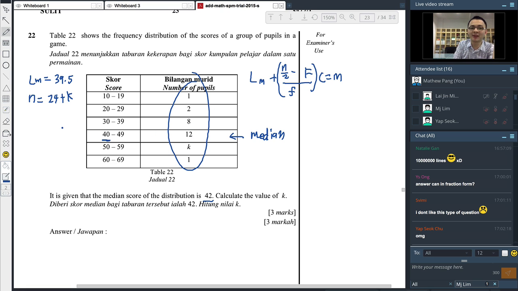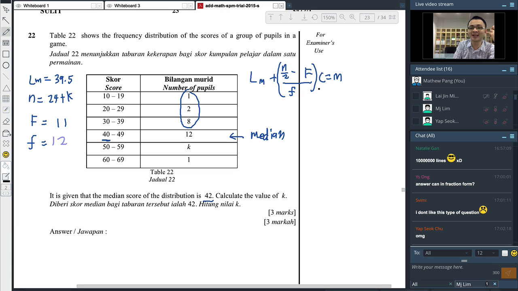Capital F is the cumulative frequency before the median class, meaning you need to add until before the median class. So this is the median class, and I accumulate all the frequencies before it. This is capital F, so obviously it's 11. And small f is the frequency of the median class, which here is obviously 12.